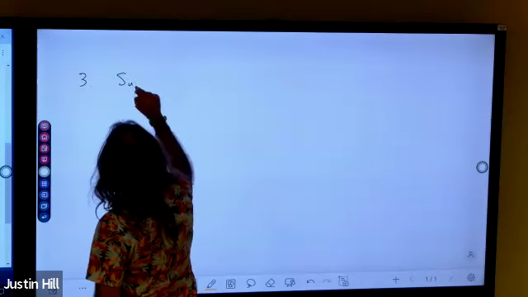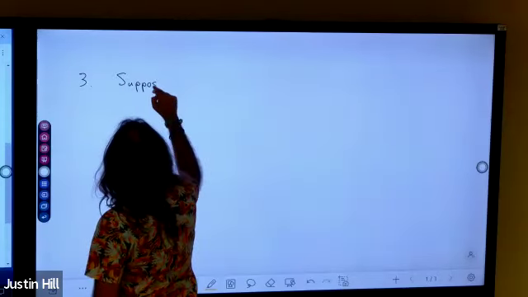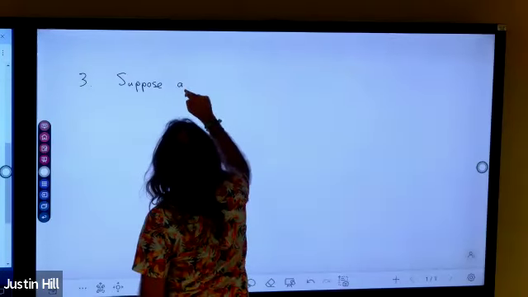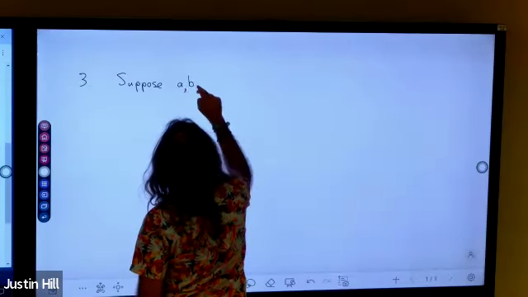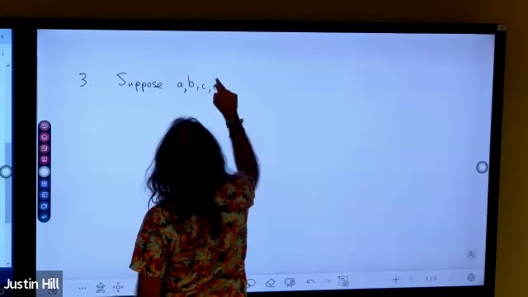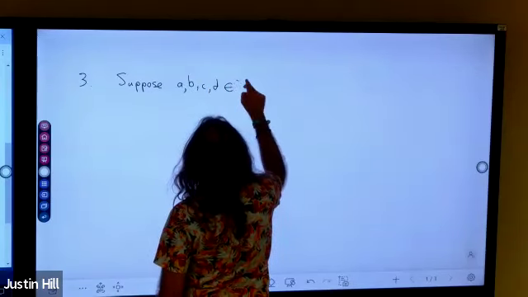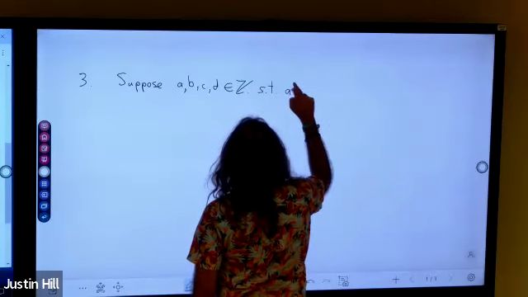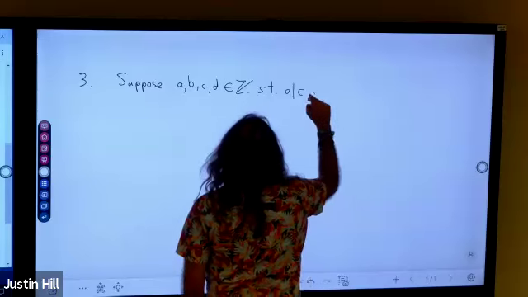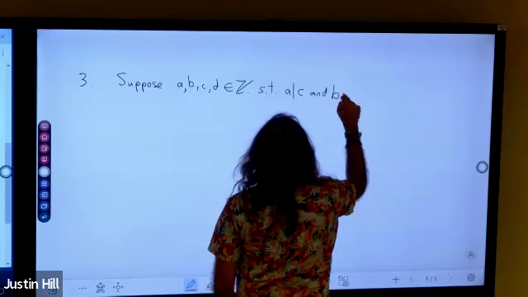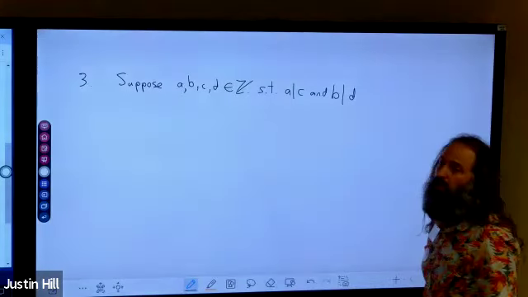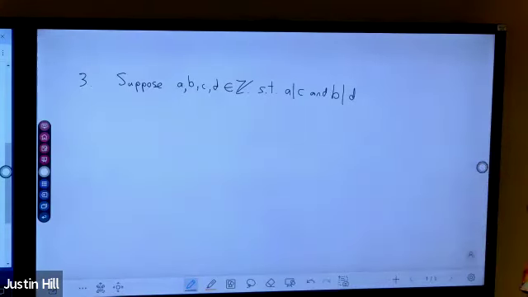So we're going to suppose, and we could just include all this stuff, a, b, c, and d are integers such that a divides c and b divides d. Good, so that's our hypothesis.